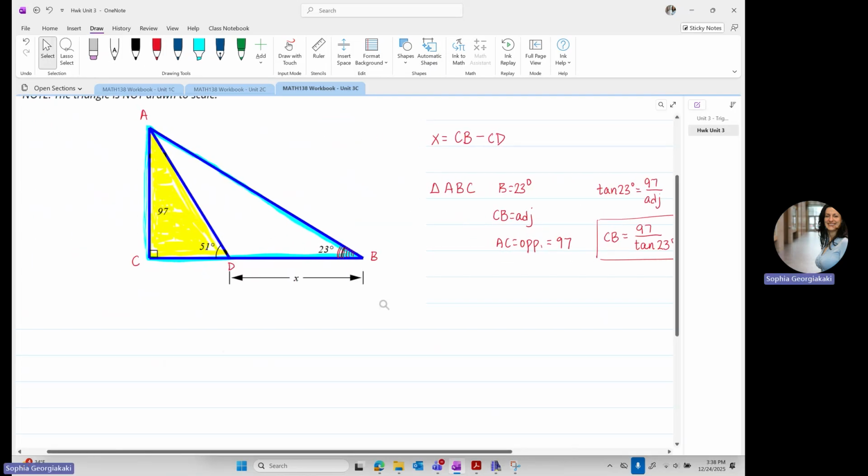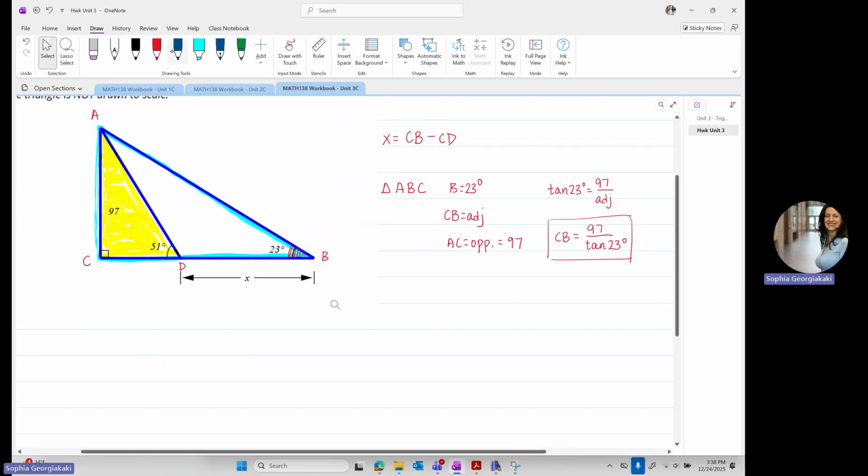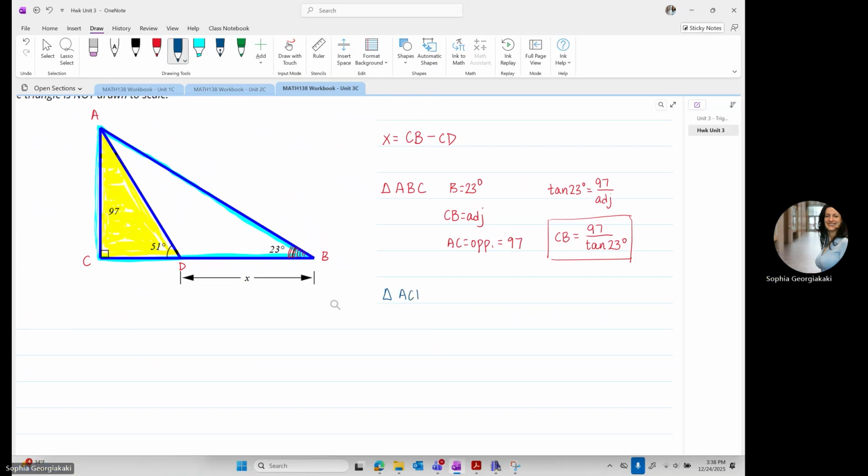In the little right triangle, triangle ACD, they have given me the angle at D to be 51 degrees. It's right here. And then the adjacent is CD. And the opposite is AC. That is 97.